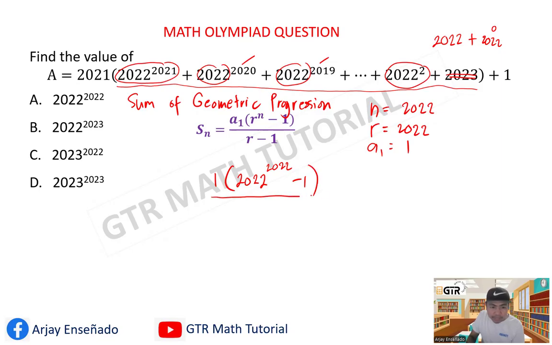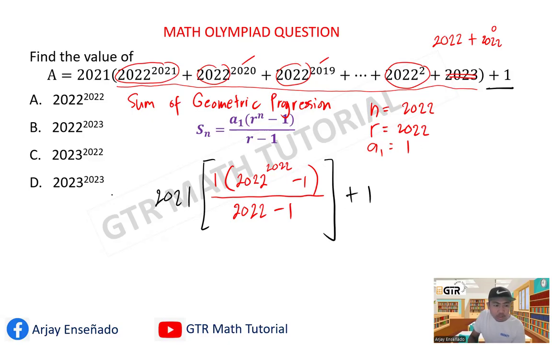The denominator is r minus 1, so we have 2022 minus 1. Now all of this is just the 2022 raised to 2021 up to the 2023, so we multiply all of this by 2021, and then we have plus 1 here. That is now the value of A.